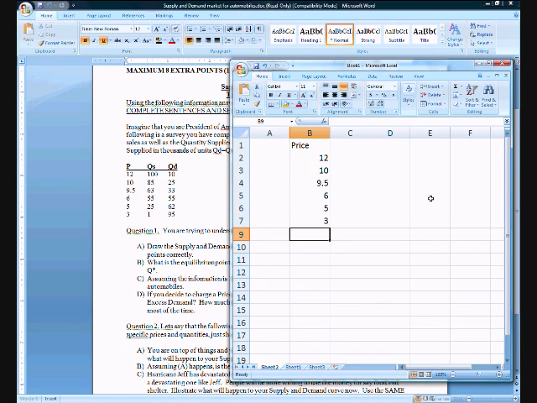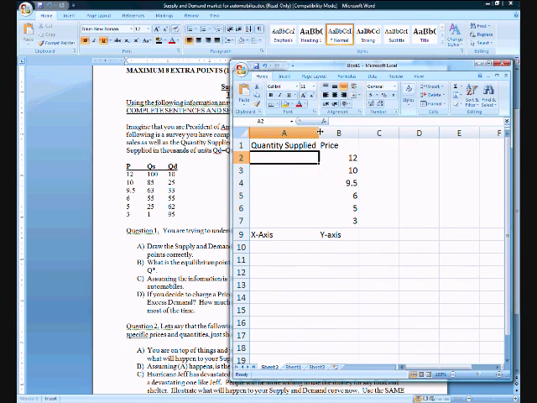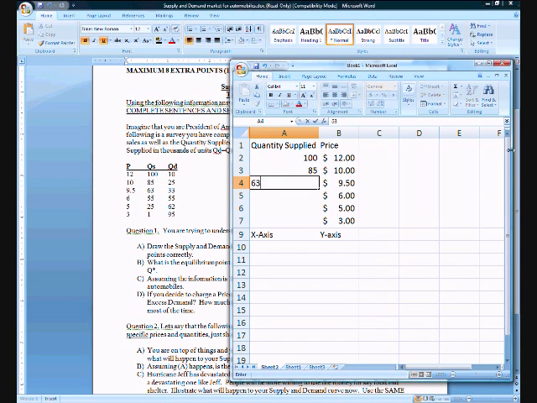So remember, price is the y-axis, and this will be the x-axis, the quantity supplied. For quantity supplied, we have 100 when the price is $12. Let's put a little dollar sign there. Okay, so 85 at $10, 63, 55, 25, and 1.